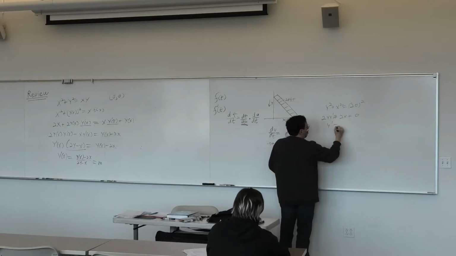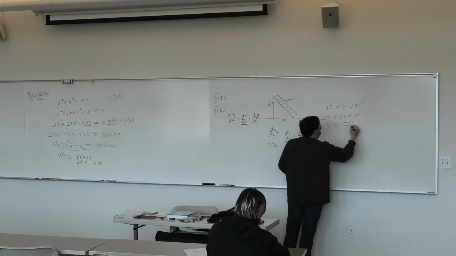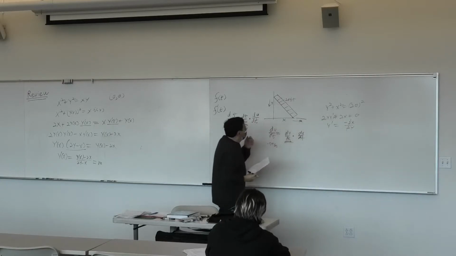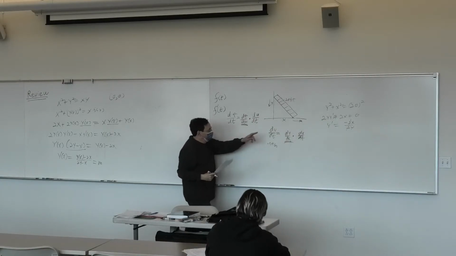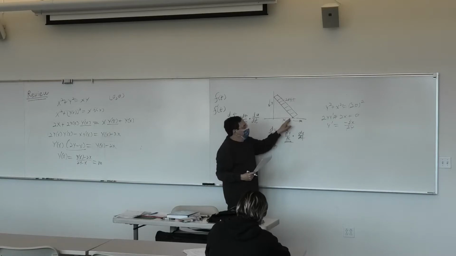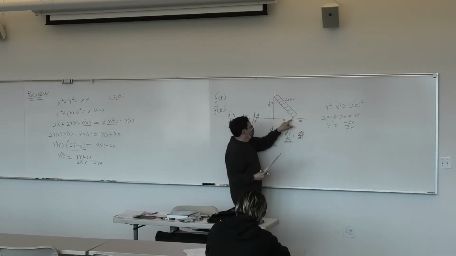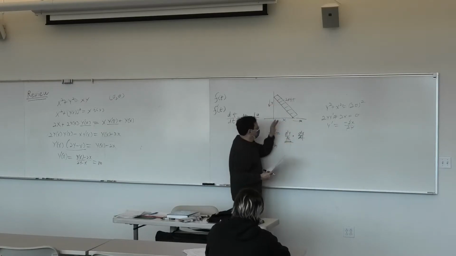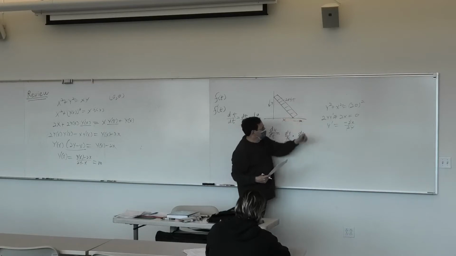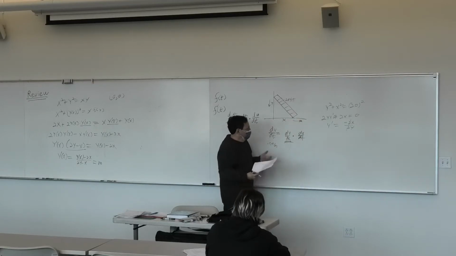So y prime equals negative 2x over 2y, with the 2's canceled. Well, okay, so that tells me right away, since I need an x and a y, I'm going to need to know where the ladder is at some point. How fast this is moving is going to change with time.